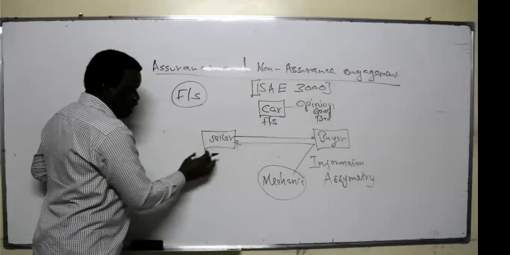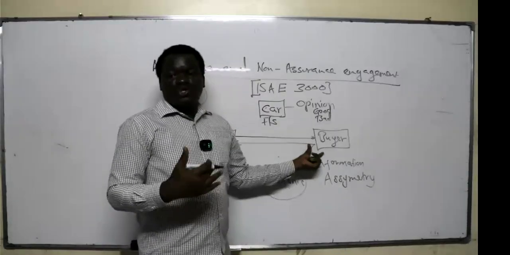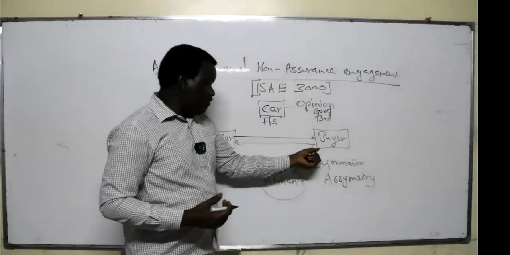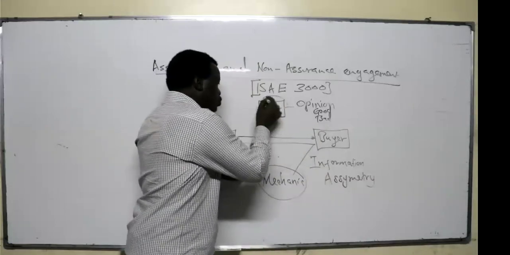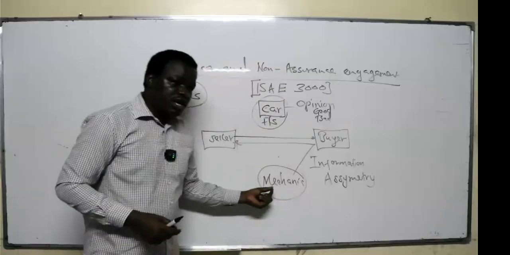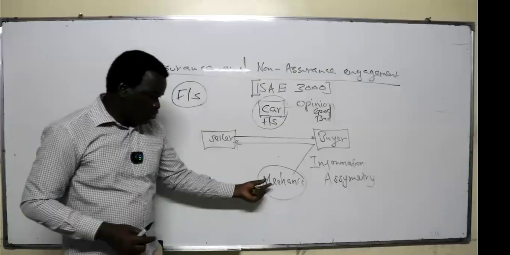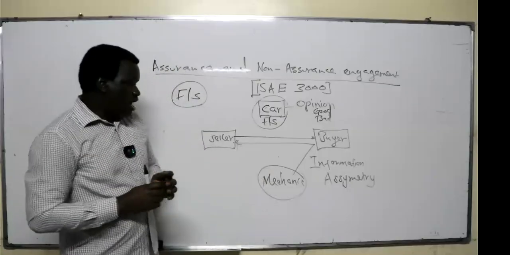The buyer stands for the intended users of the subject matter. So the car is what we call the subject matter. Then the mechanic is the professional accountant, who is very independent and objective when undertaking their assignments.